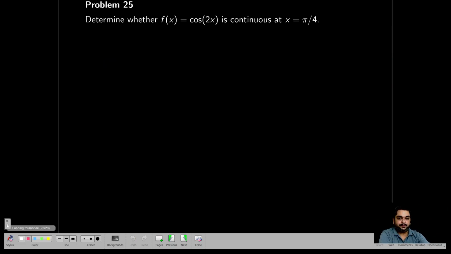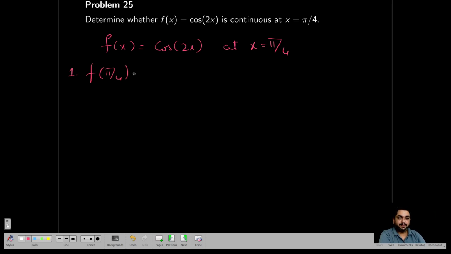Okay. Next, determine whether f of x equal to cos of 2x is continuous at the point x equal to pi by 4. What is the first step? f of pi by 4, that is f of a, equal to cos of 2 into pi by 4.